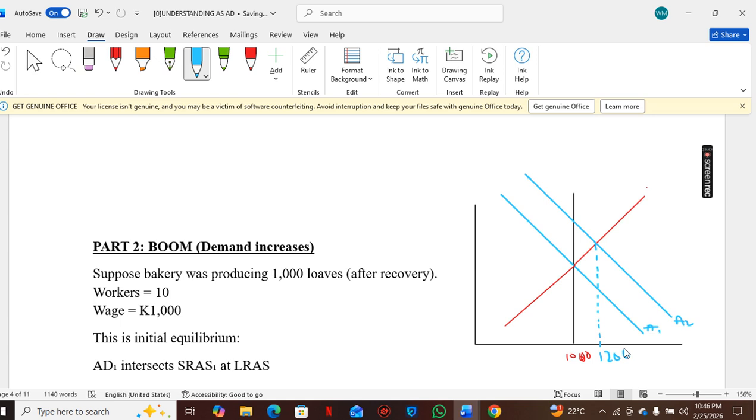Now, colleagues, what happens if aggregate demand continues increasing and you've reached your maximum? You had 10 workers, you now outsourced 2 workers. Now there are no more workers to outsource, and aggregate demand is still increasing. What are you going to do as the bakery?